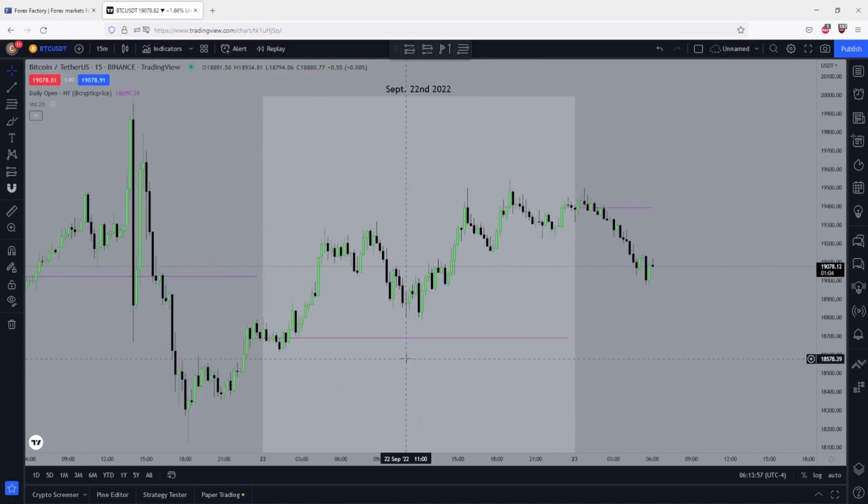Okay, first I just want to talk about one setup on a 15-minute, which is right here, which is quite nice to look at, but it took quite a while to play out. I'm just going to draw up the fib tool, and then maybe you're going to see it yourself.